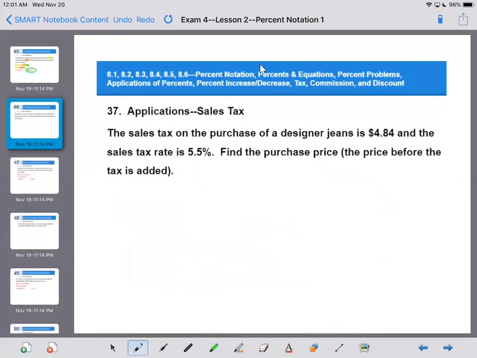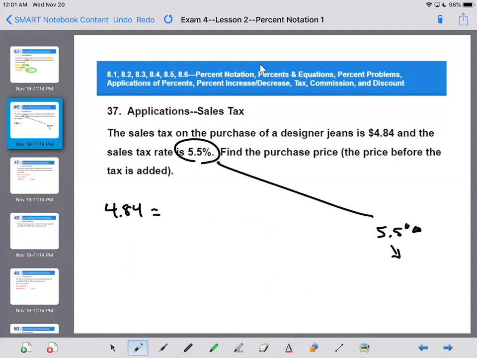So with this one, we got sales tax of designer jeans is $4.84, and the sales tax rate is 5.5%. So remember, 5.5% changed to a fraction would be 55/100, right?